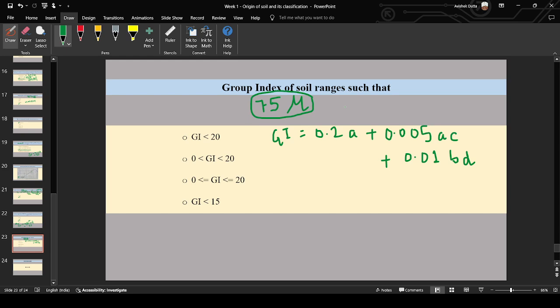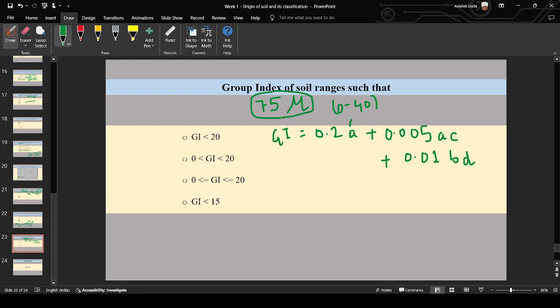So in this case, A means that percentage of soil passing the 75 micron sieve which is more than 35% and less than 75%. The range of percentage here considered is 40, that is 0 to 40. So A will have a value that lies between 0 to 40.